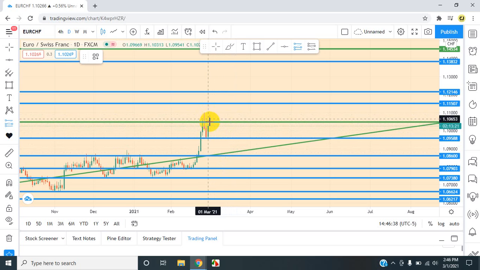So when you see long wicks like that start popping out, that means the market came up and lost momentum. It tried to close out here, it dropped down, it closed out here, so we got this long wick. When we see long wicks, it shows there may be a chance the market may not be able to go up higher.